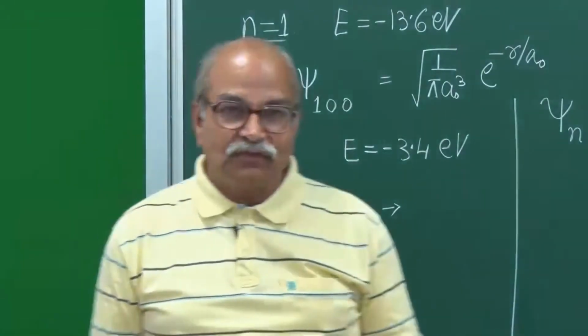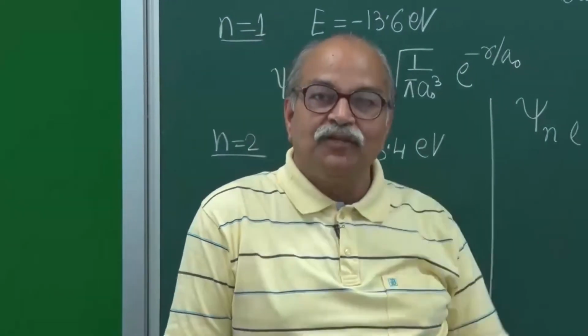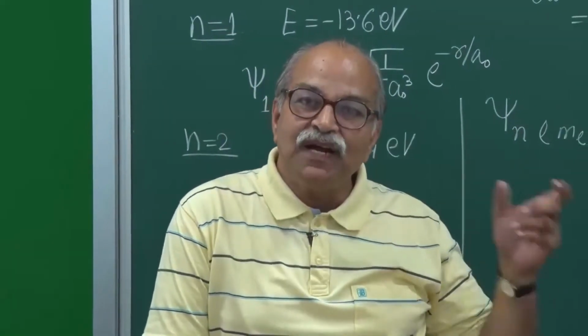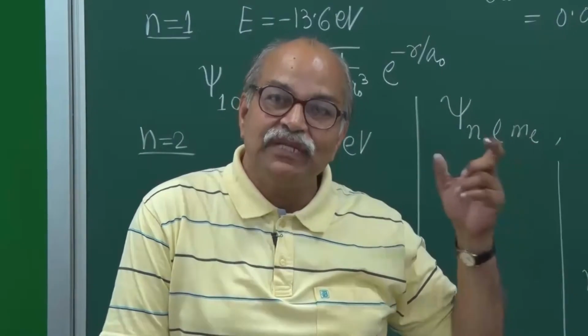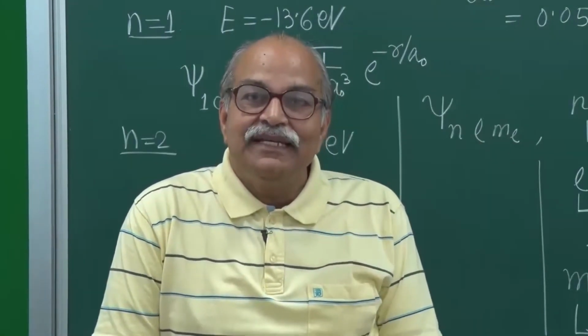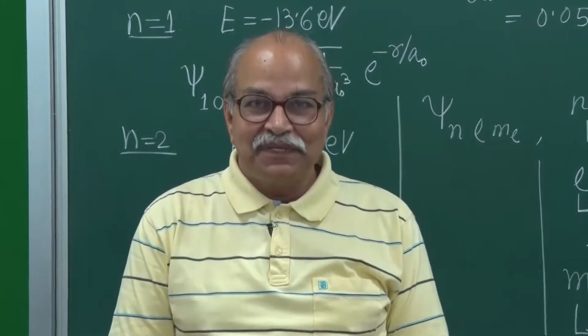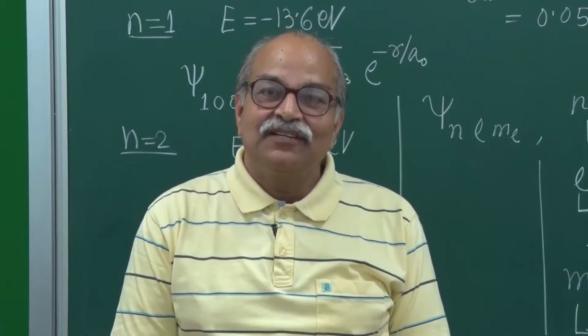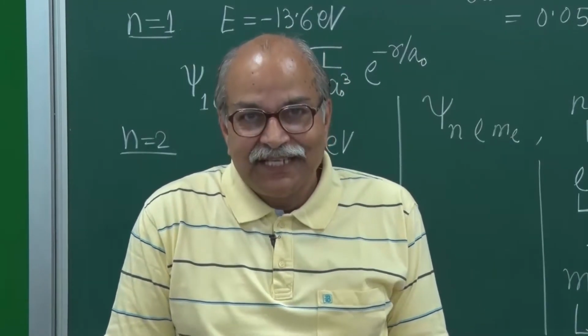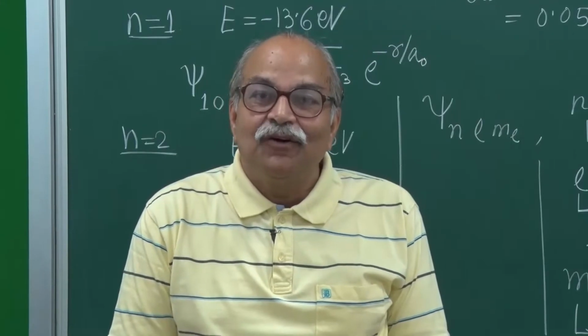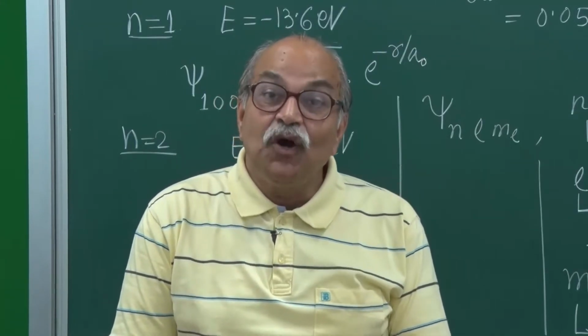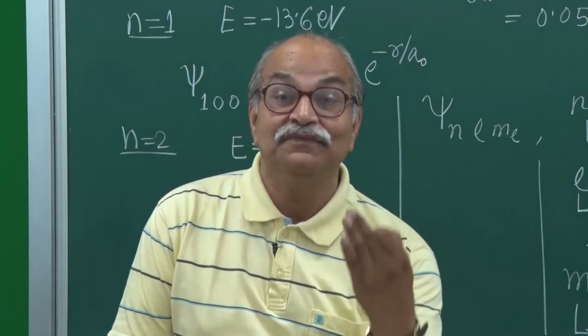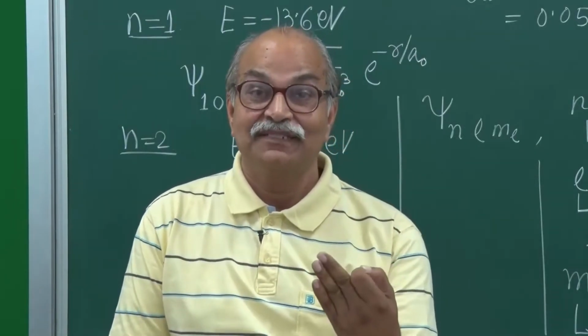Okay, so we wrote about orbital angular momentum, and I specified that that word has to be there because there is another kind of angular momentum which the electron possesses, and that angular momentum is not related to any motion of the electron. That's the best part of it.